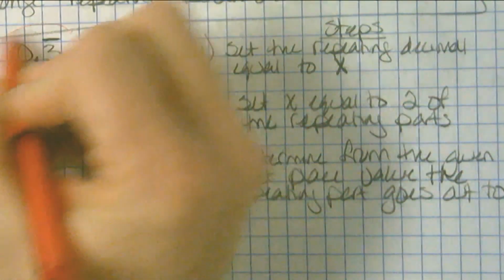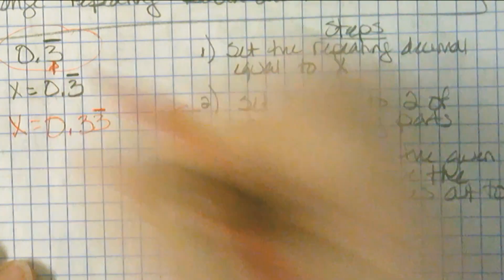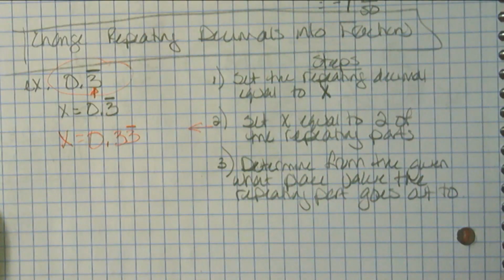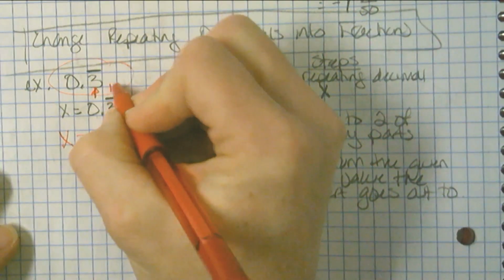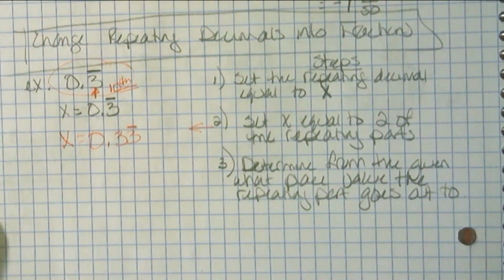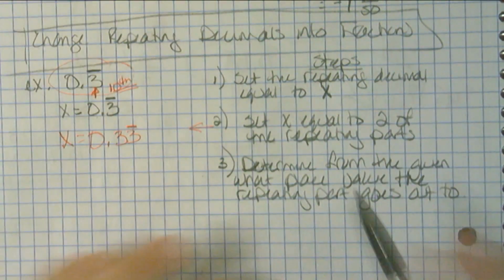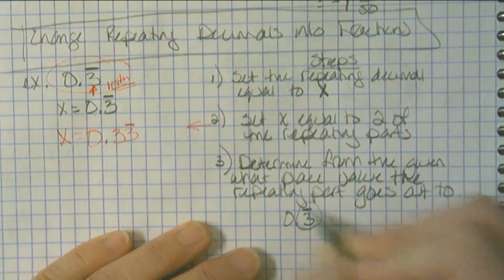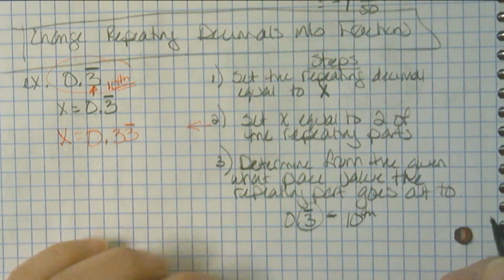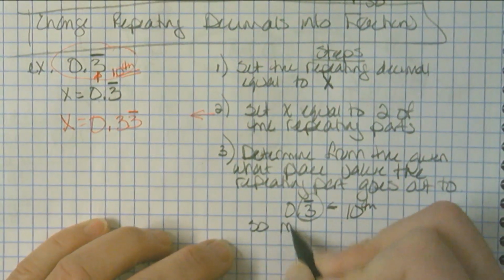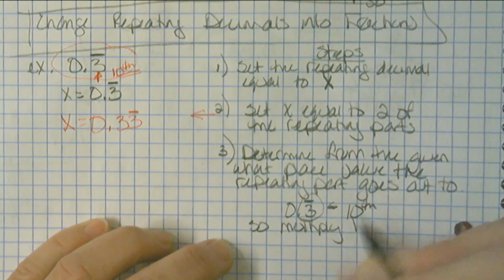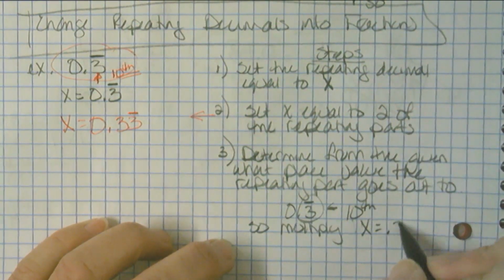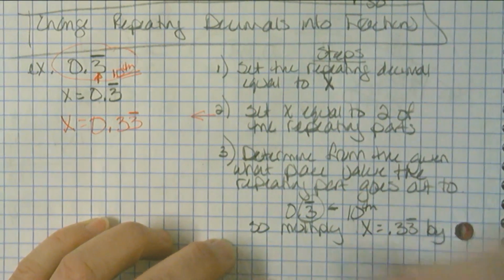If I take a look at my given, what place value is that 0.3 repeating in? Addison? Yeah, so this is in the tenths. So when I write this down here, I'm just going to show you what I mean by this. If I have 0.3 repeating, this 0.3 repeating is in the tenths. All right, so multiply x equals 0.33 repeating by 10.